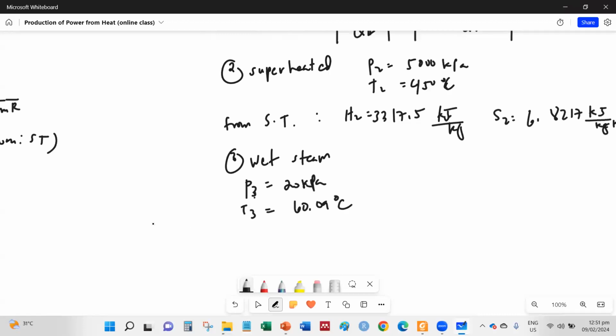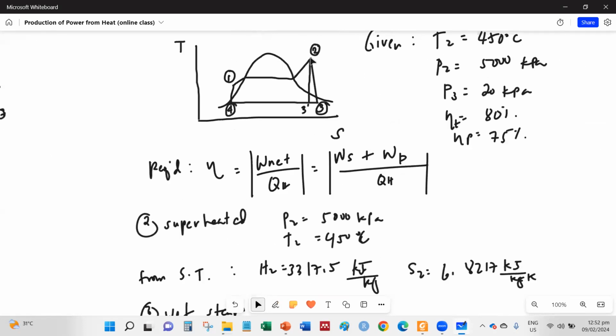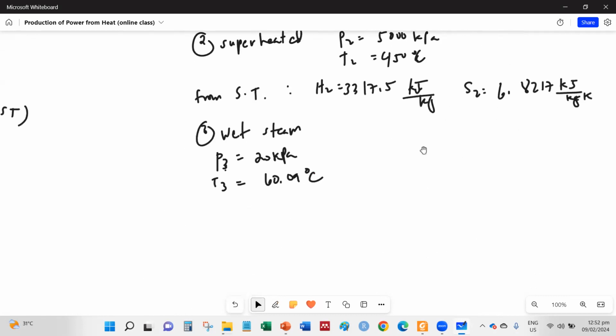If we consider the isentropic expansion of the turbine from point 2 to point 3 prime, we can read S3 prime from the steam table, since it's simply the saturated entropy at P3 and T3.